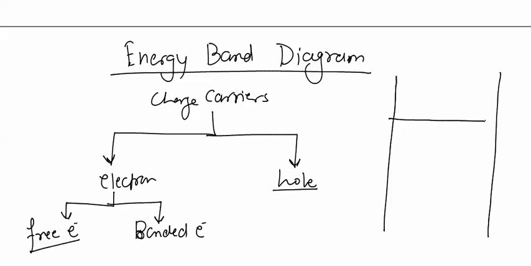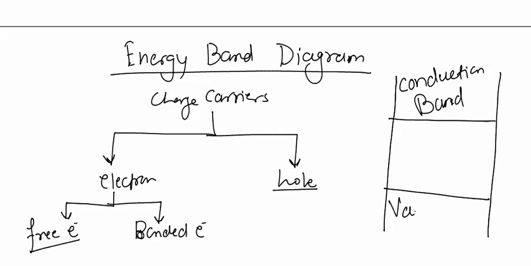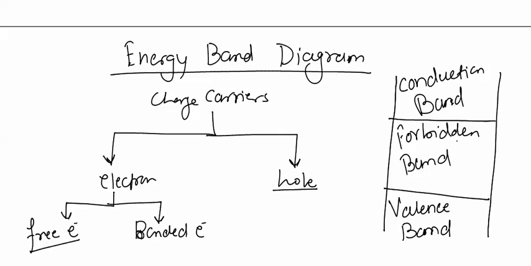An energy band diagram basically consists of three energy bands, one called conduction band, one valence band, and an energy band which separates both conduction band and valence band, called forbidden band.